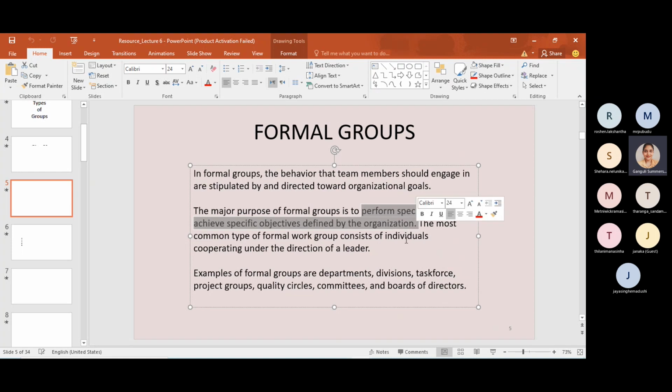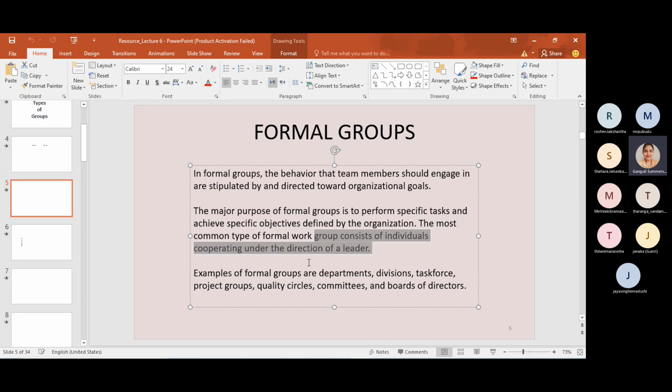There can be several purposes, but the main purpose is to do specific tasks and achieve goals set by the organization. An example of a formal group is a group of individuals cooperating under the direction of a leader.